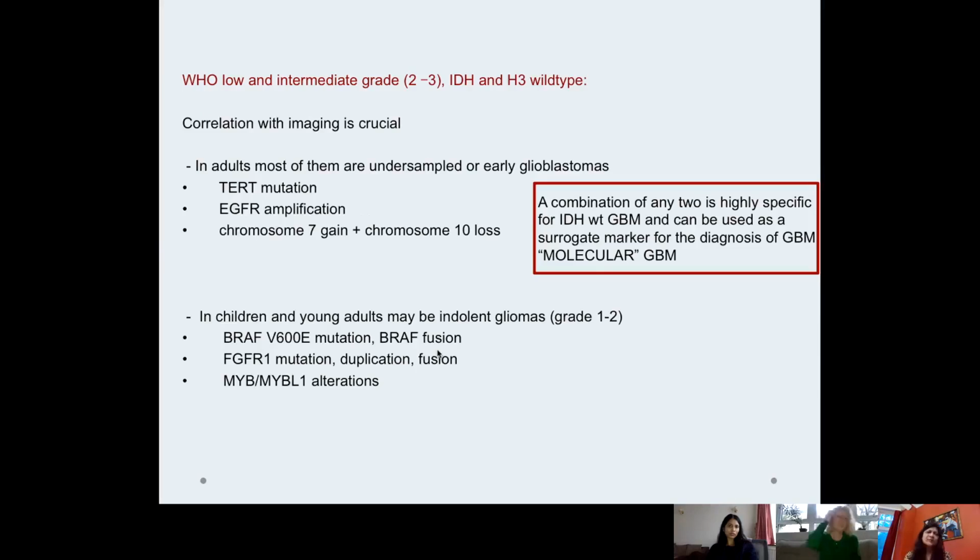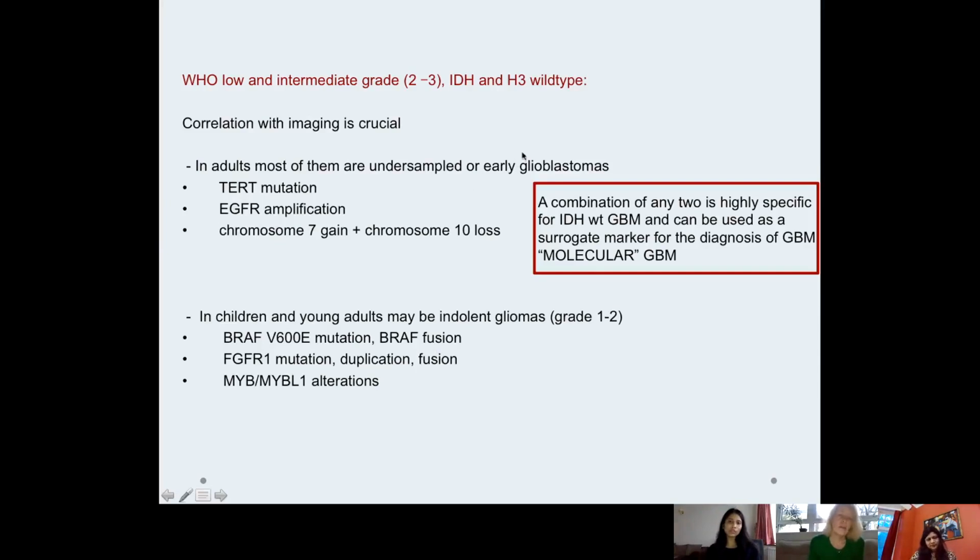gliomas. So it has been known for a long time, in fact, that particularly in older patients, a morphology of a low or intermediate grade glioma has to be correlated with imaging. It is crucial because often these are actually high grade tumors, but in which the high grade features are not seen in the biopsy.